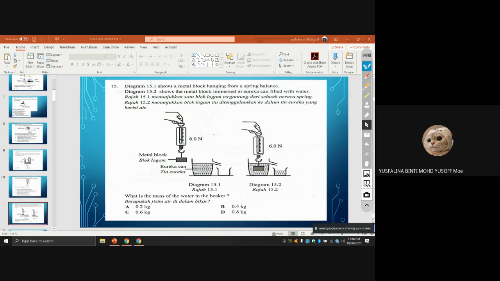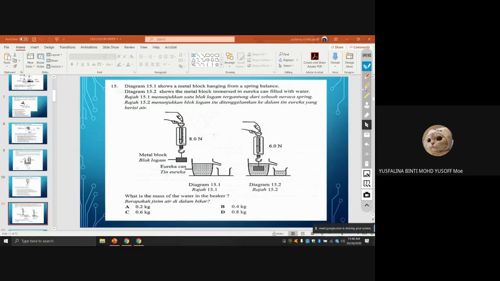You can see the object here is totally immersed in the water, so the weight of the water displaced in the Eureka can is 8 minus 6, so you get 2 Newton.